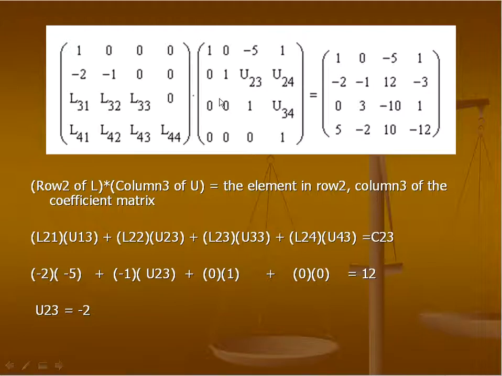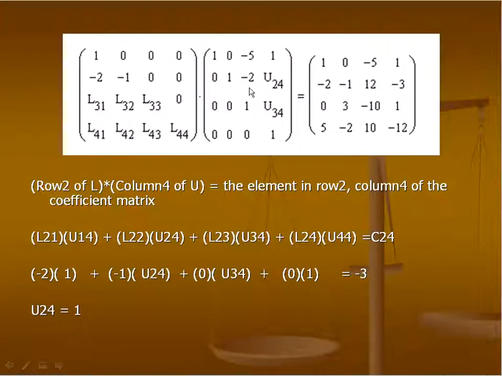Okay, so it's negative 2 times negative 5 plus negative 1 times U23 plus 0 times 1 plus 0 times 0 is equal to 12. Okay? So that's 10. Only 2 terms dropped out this time, but you have 10 here. Subtract 10 from both sides and divide by a negative 1, and U23 is equal to negative 2. So that's going to get plugged in right there.